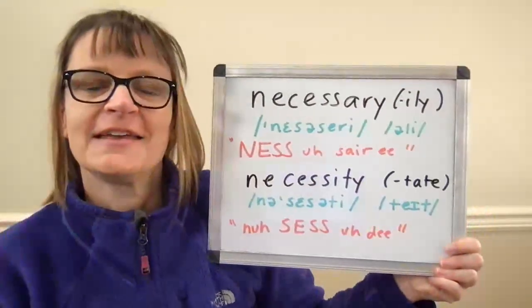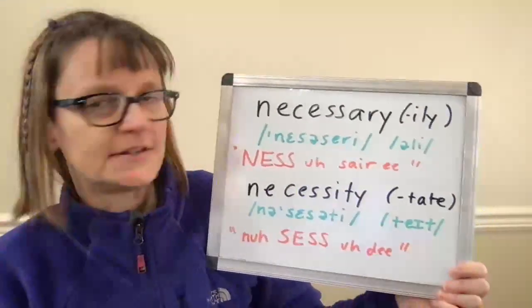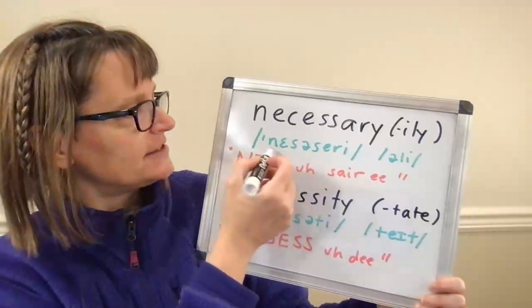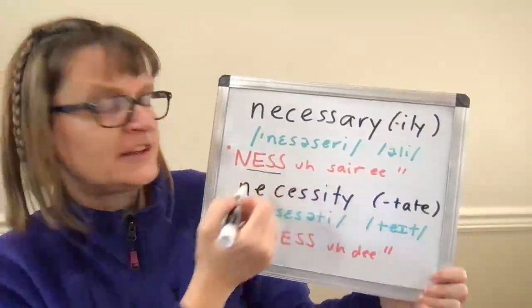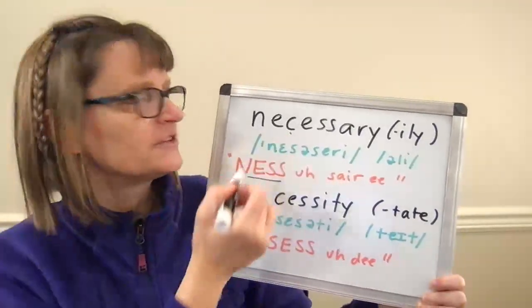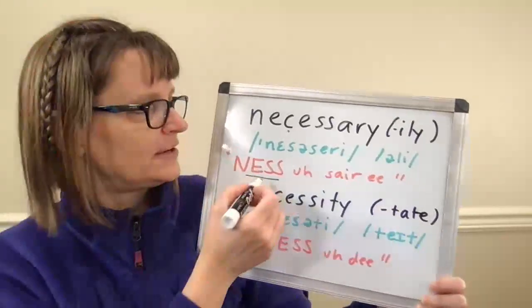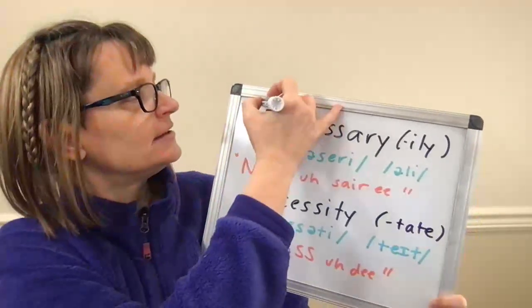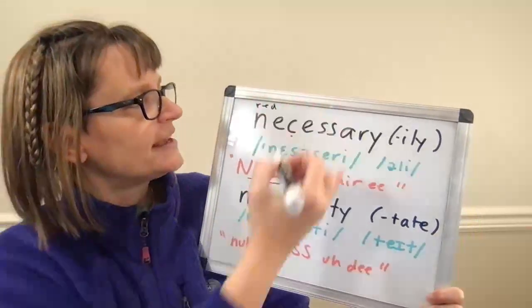When we look at necessary and necessarily, we have our stress on the ne syllable. I've written it here for you with two S's, ness, so you can think about this letter C making the S sound, and the letter E making the eh sound, like in red or said.